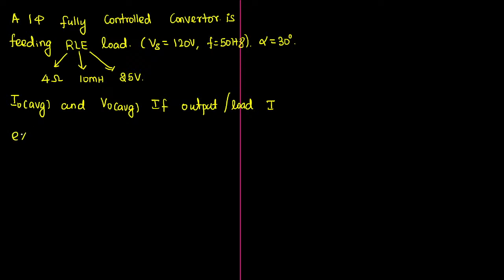Just observe this word extinguished, it is very important. The load current is extinguished at omega t equal to 200 degrees. That's all.